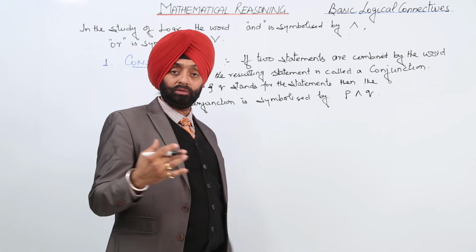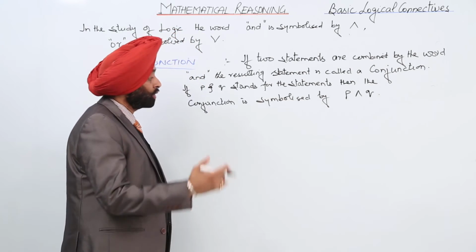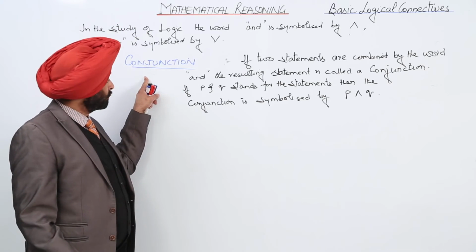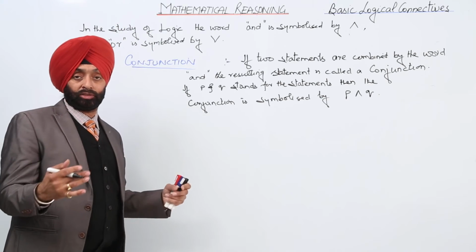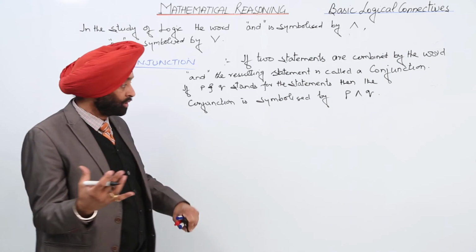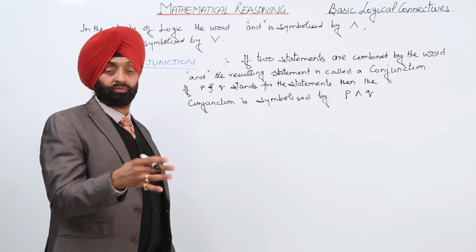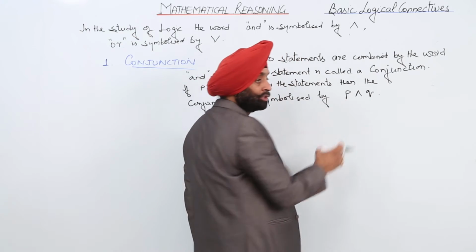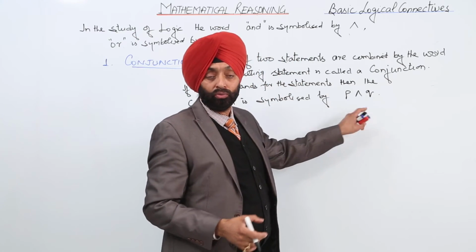Both are in small alphabet letters, in lower case. So for conjunction, we are not writing sentences, we are not using the English language. Now we are going for the logic, the mathematical part. So we will be writing directly like this. This means what? P and Q.